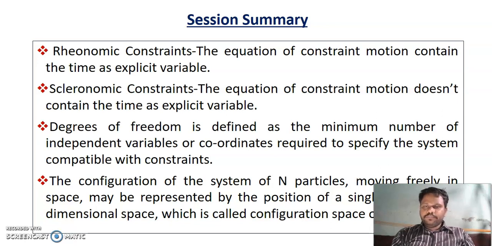Degrees of freedom is defined as the minimum number of independent variables or coordinates that are required to specify the system which are compatible with constraints. The configuration of a system of n particles moving in space may be represented by the position of a single point in 3n-dimensional space, called the configuration space of the system.